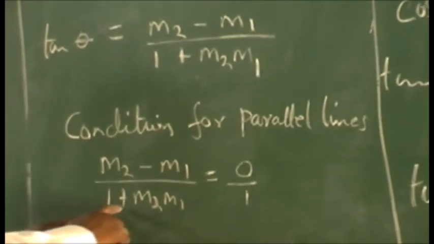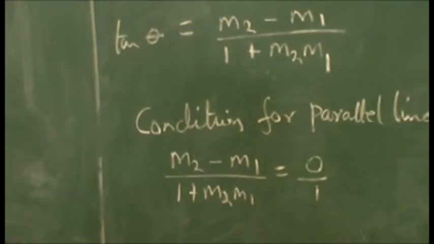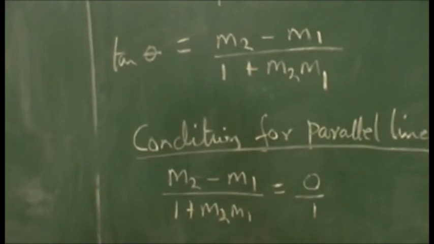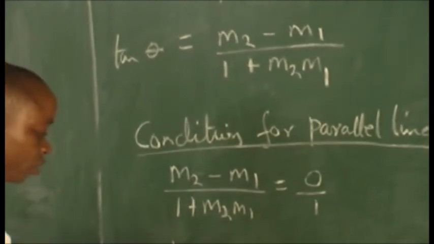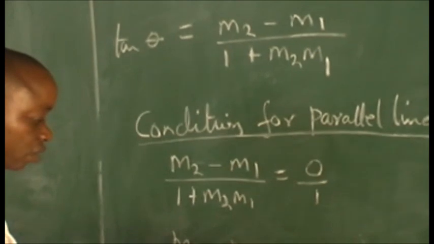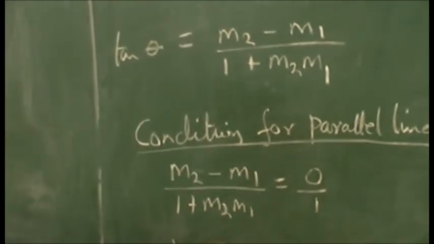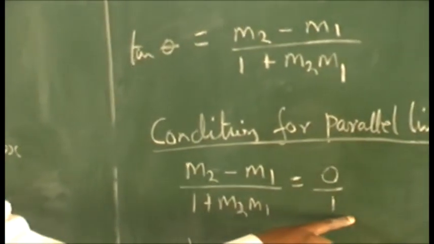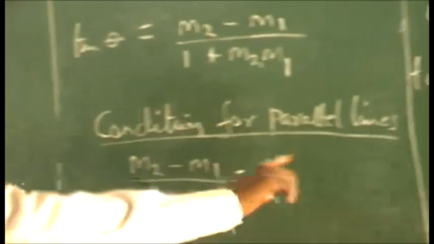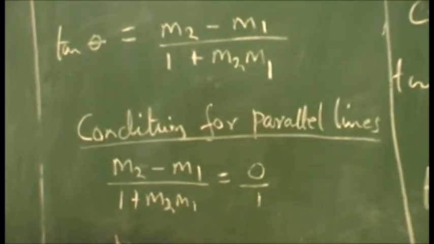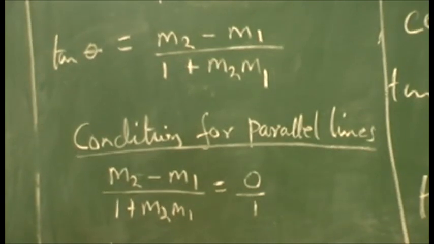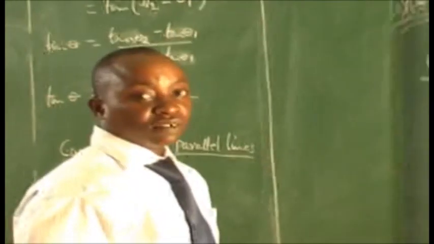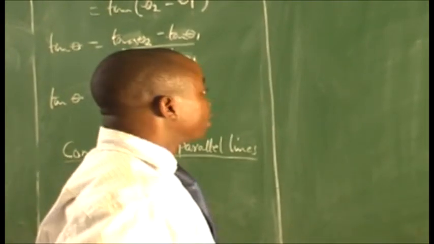Now if I cross multiply, I will have m2 − m1 equal to 0, meaning that m2 will be equal to m1 if I transfer this one. That is the condition for parallel lines. Next, the condition for perpendicular lines.